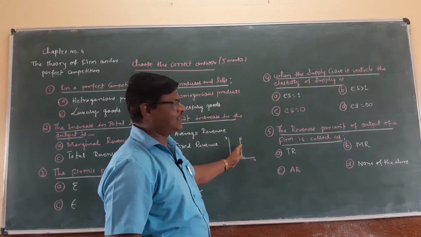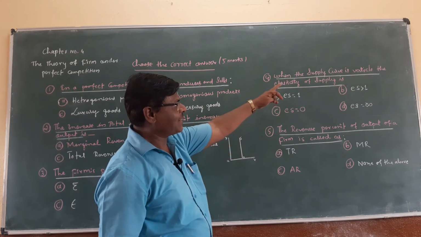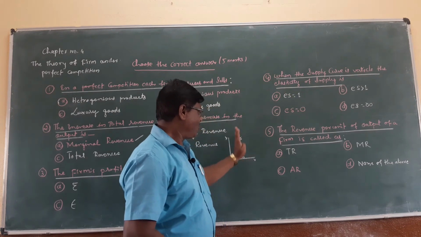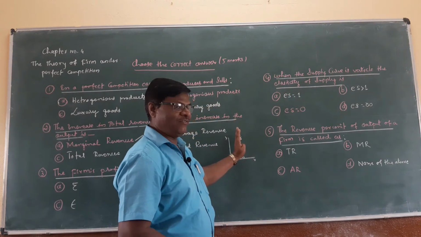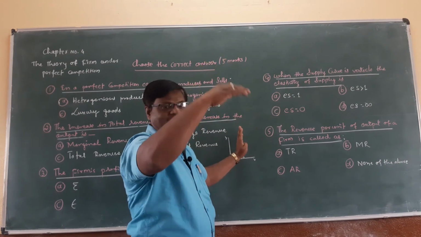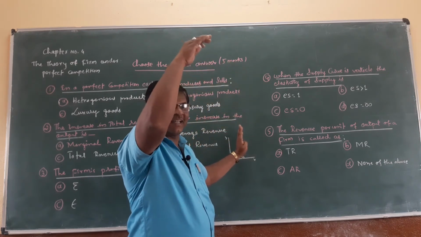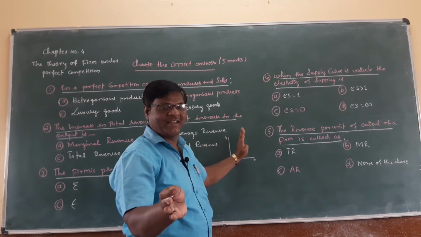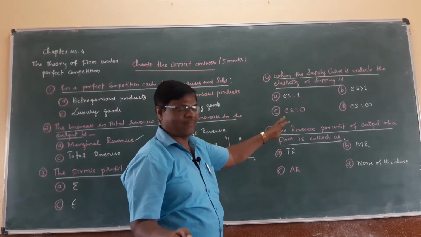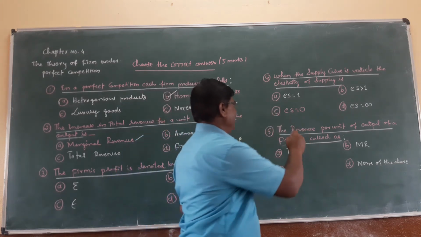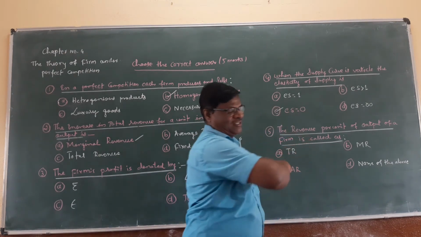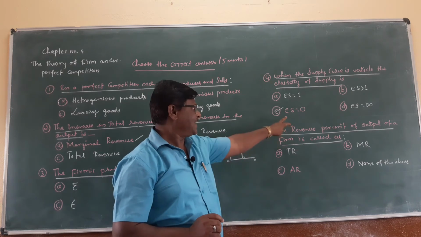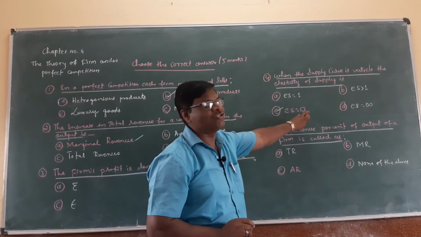It means that when the supply curve is vertical, the elasticity of supply is equal to 0. If the price can increase or decrease, but supply cannot be increased, it means the elasticity of supply is equal to 0. The answer is C, that is, elasticity of supply is equal to 0.